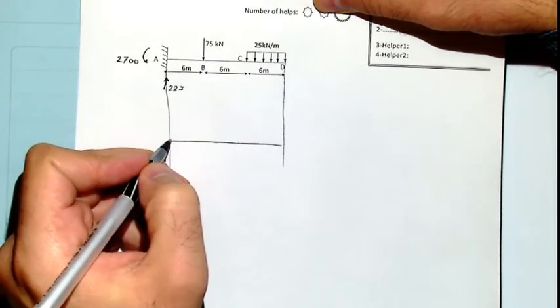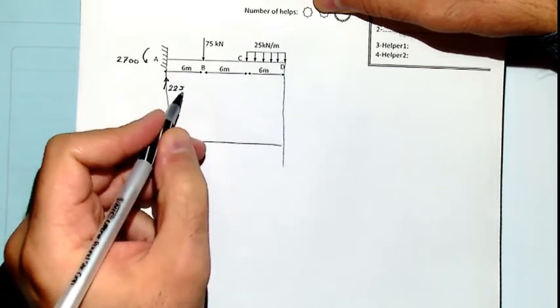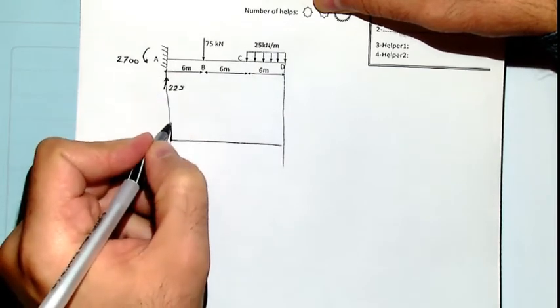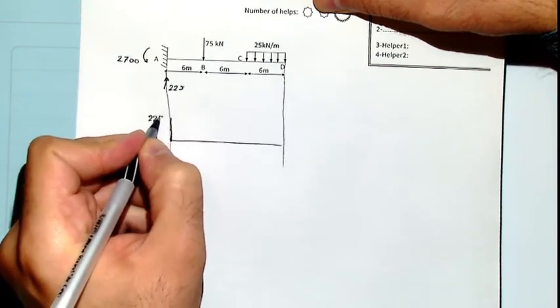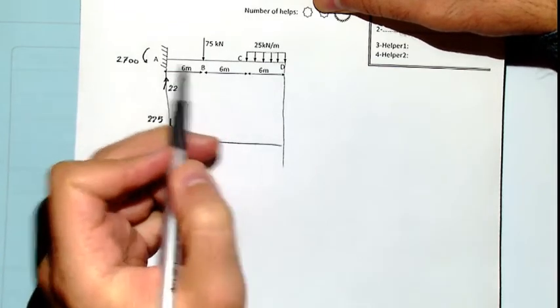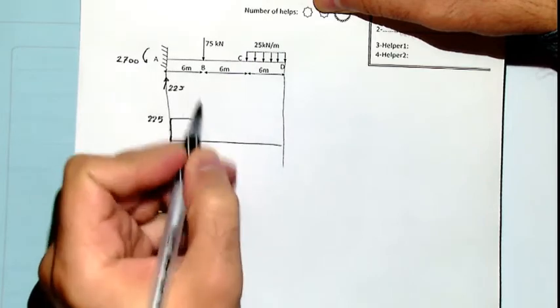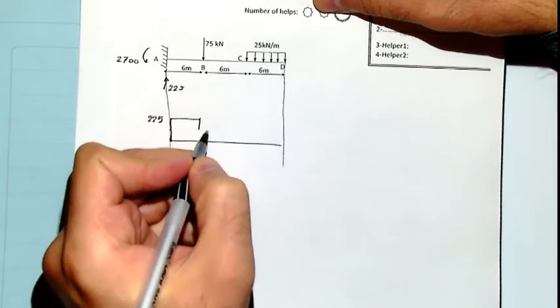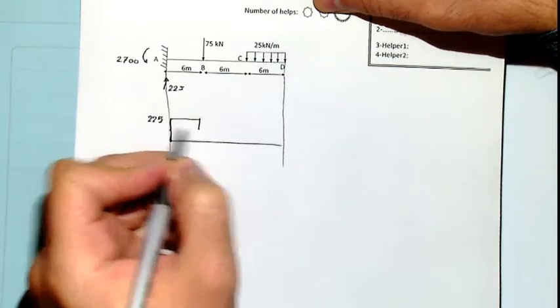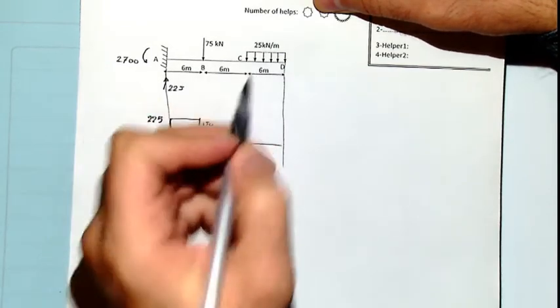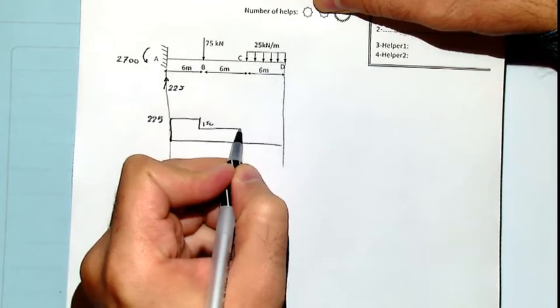So very simple, without wasting time, we can say it's upward. We're going upward. How much? 225. Then after that, from A to B, there is no load, so a straight line. Then it goes down. How much? 75. 75 minus 225, we're gonna reach to 150. From B to C, a straight line, no load in between.